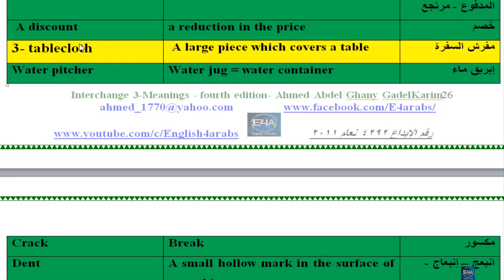Tablecloth, take care, the th here is a th sound. Tablecloth, a large piece which covers the table. Water pitcher, water jug, water container.